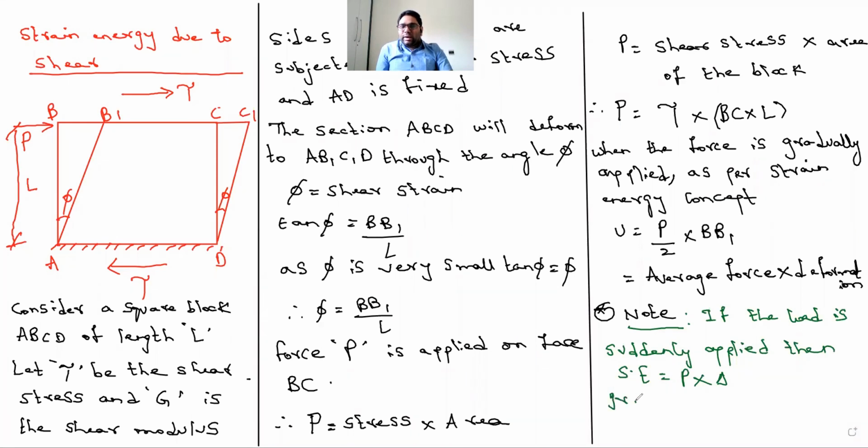For gradually applied load, strain energy is equal to half into P into delta. What is that? Half into P into delta. Okay. So the understanding that we need to get is, see the case here.